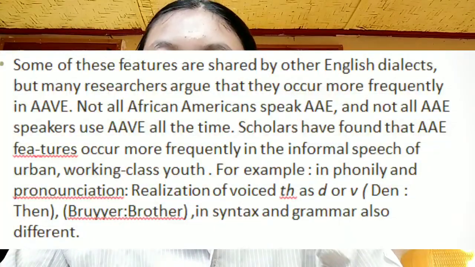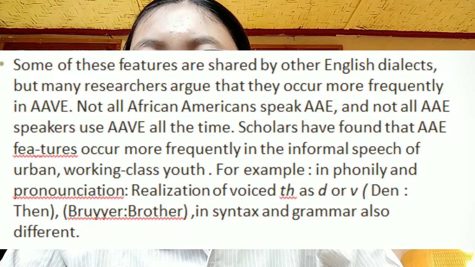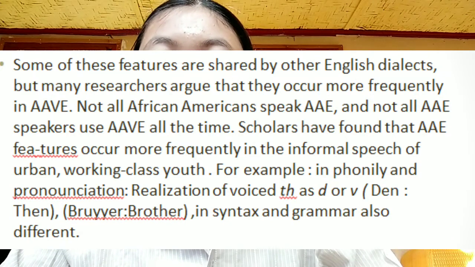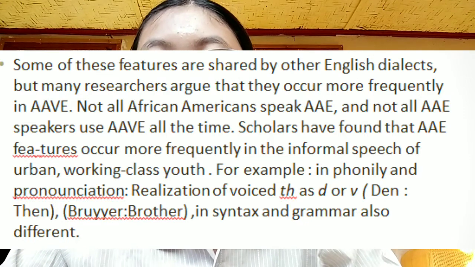Some of the features are shared by other English dialects, but many researchers argue that they occur more frequently in AAVE. Not all African Americans speak AAVE, and not all AAVE speakers use AAVE all the time.